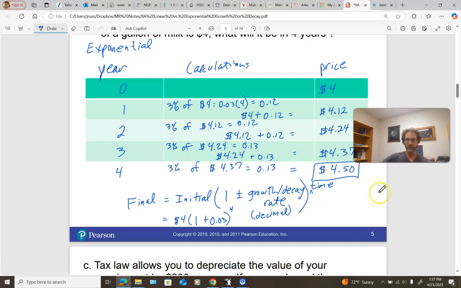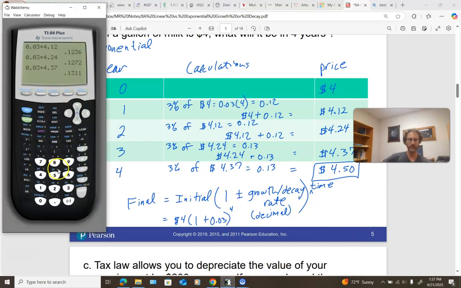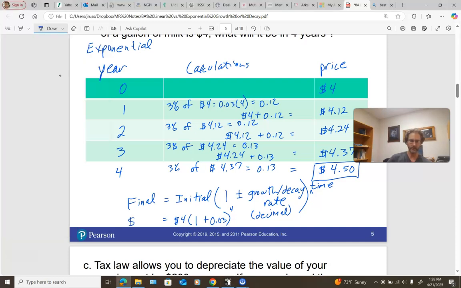So let's see what we get using this formula. See if we get the same thing that we got from the table. So 4 times 1 plus 0.03, close those parentheses, and raise this to the 4th power. And look, we get $4.50 rounded to the nearest cent. Okay. So we get the same thing, don't we?